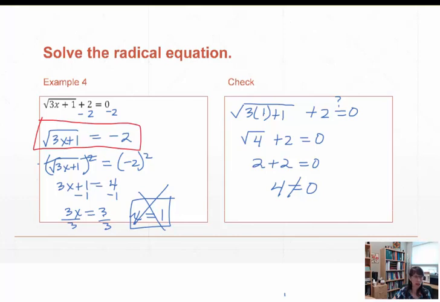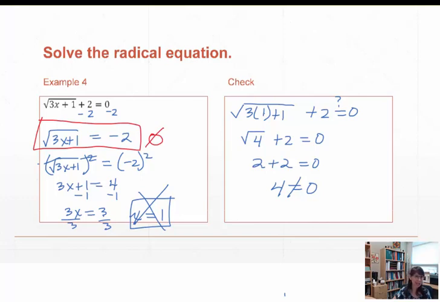If we ended up with a negative number under the radical, we wouldn't even have a real solution. So there's no way that we're going to be able to find some value of x to equal a negative number. So right from the start, that was a clue. There's not going to be a solution that works.